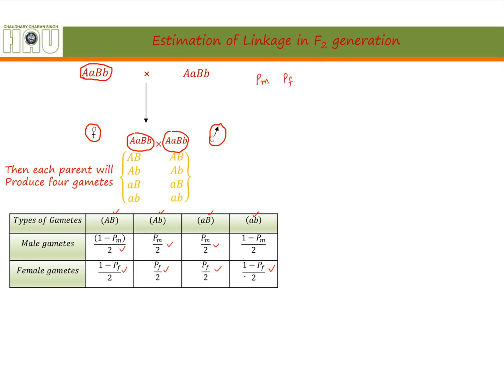Now, as I have already told, PM is the recombination fraction of male parents, and PF is the recombination fraction of female parents.